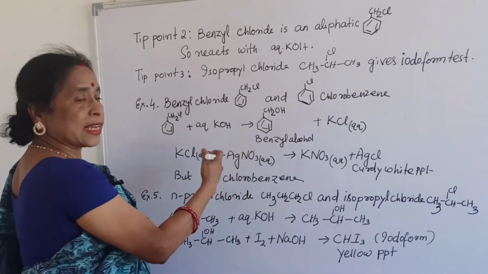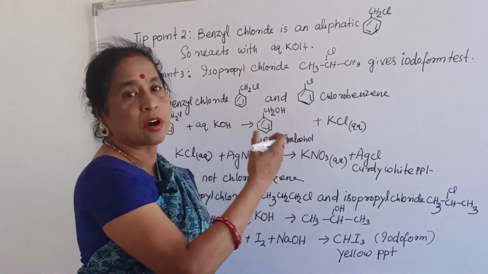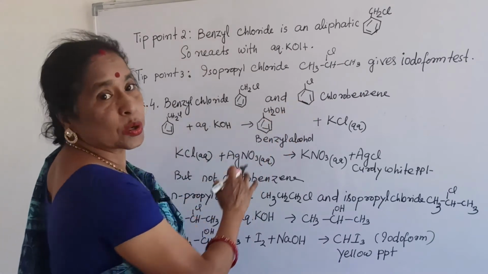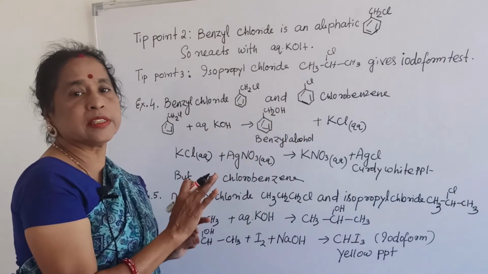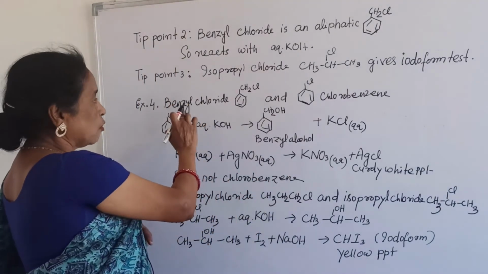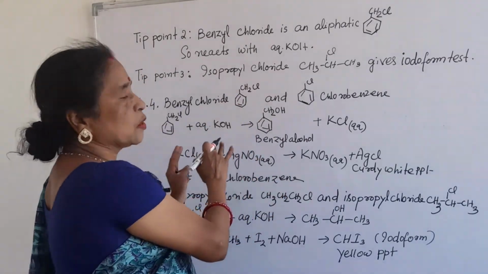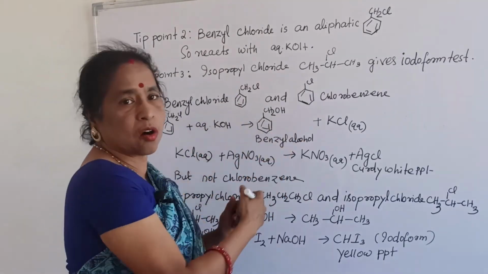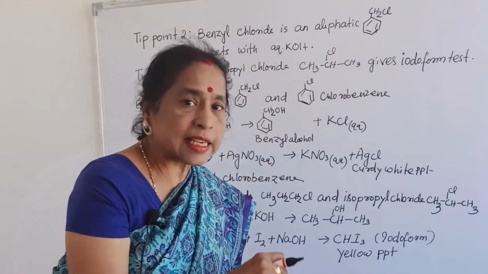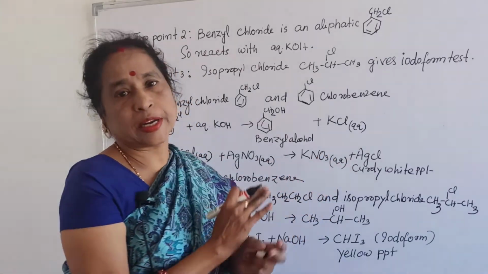Now the KCl, when reacted with silver nitrate solution, gives a cloudy white precipitate, whereas chlorobenzene does not give this type of test. So benzyl chloride and chlorobenzene are distinguished this way.